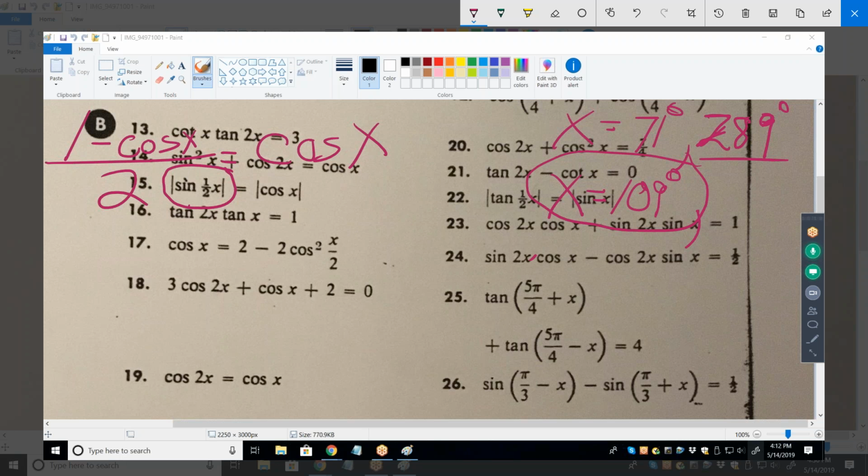What am I doing here? It would be 180 plus 71. So there's the second and third quadrant angles. Now let's see if those work. If those work, then I've done something wrong and I have to include that in my solution. But I don't think it's going to work.